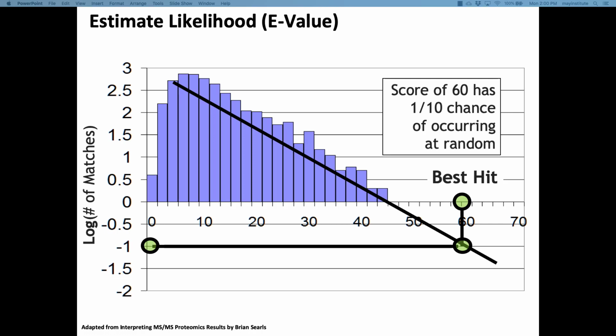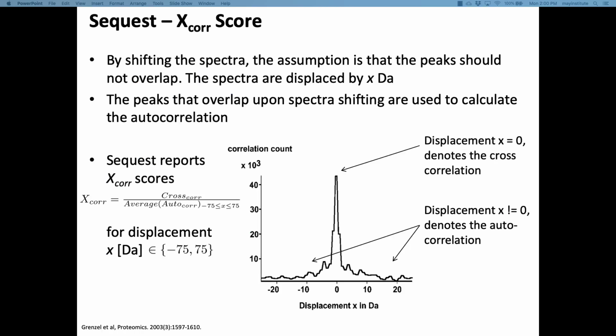The different search engines over the years have explored hundreds of scores. I know that we have looked at hundreds over the years, and it's very hard to find good scores. You can look at many different things. You can look at cross correlation.